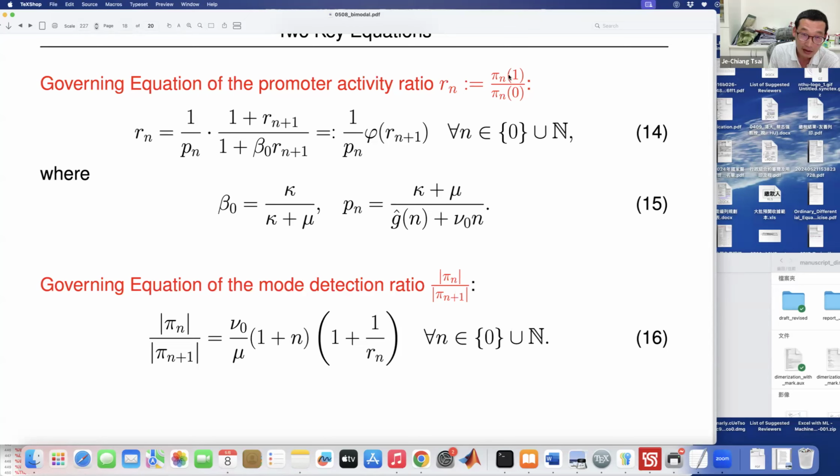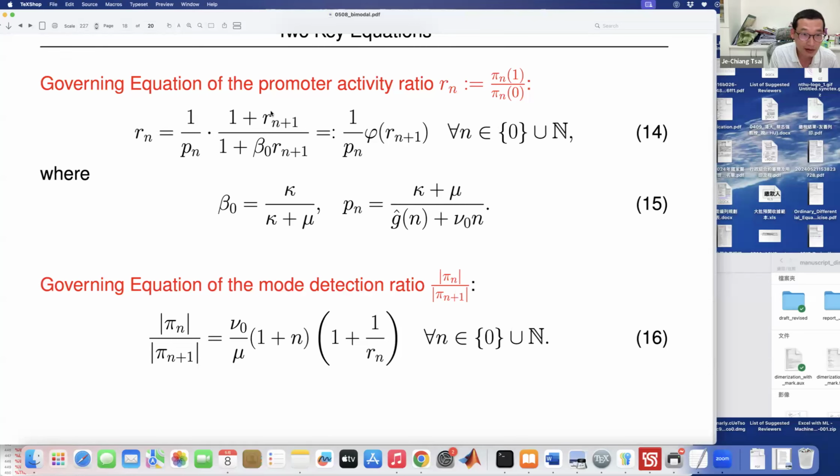So this quantity describes the promoter activity ratio. If it is large, the gene is more likely to be in the on state. On the other hand, if it is small, the gene is more likely to be in the off state.